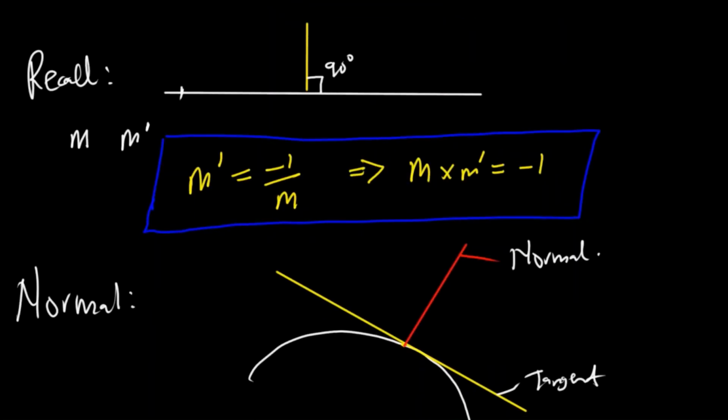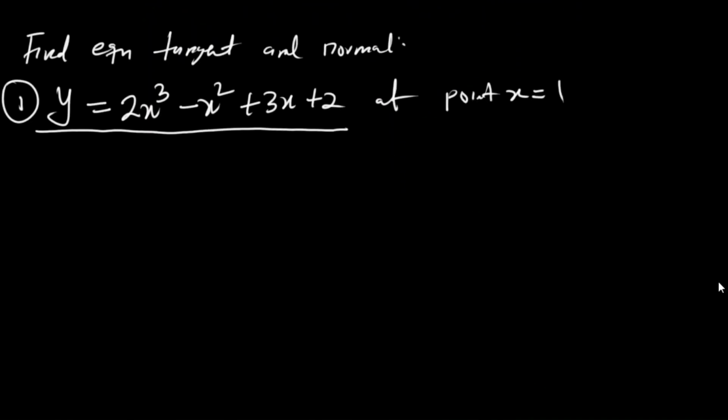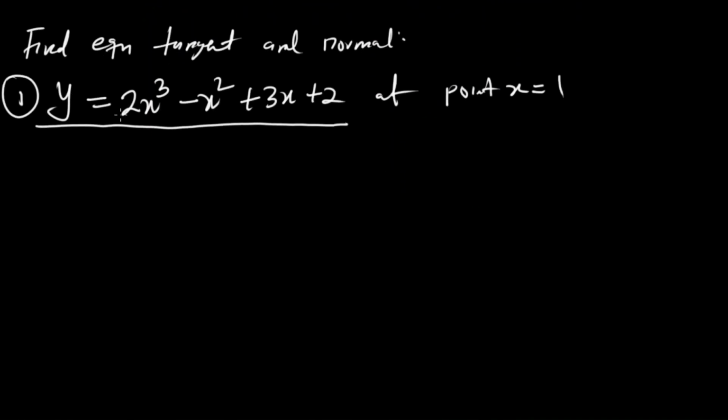But before we do that, we have to get what our gradient is. And we know that the expression of the gradient is simply dy over dx. Differentiating this equation, we have 6x² minus 2x plus 3.